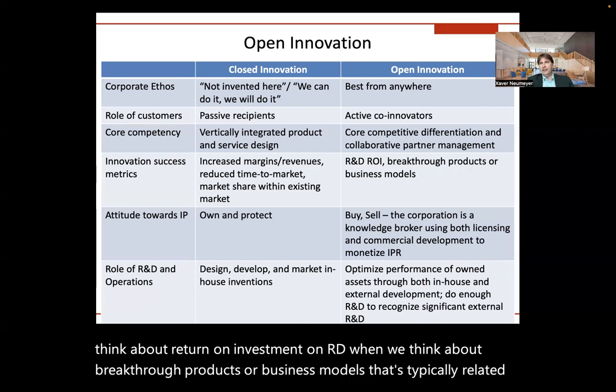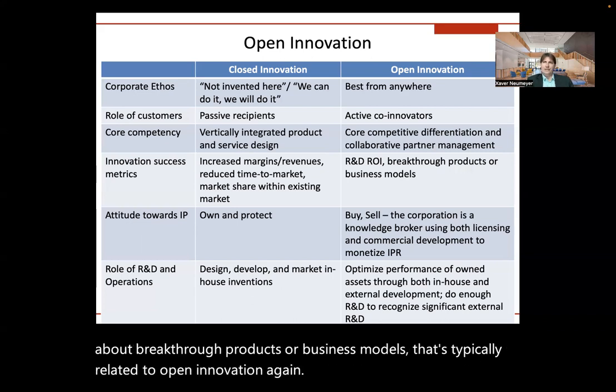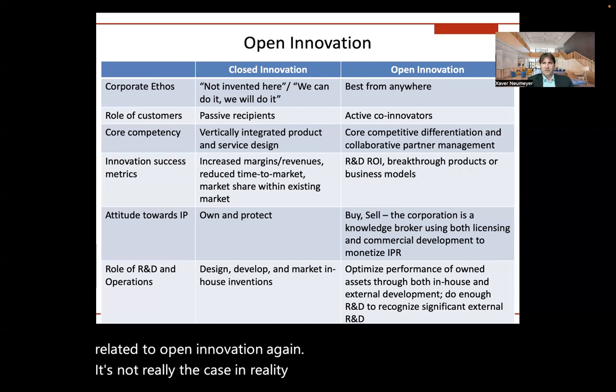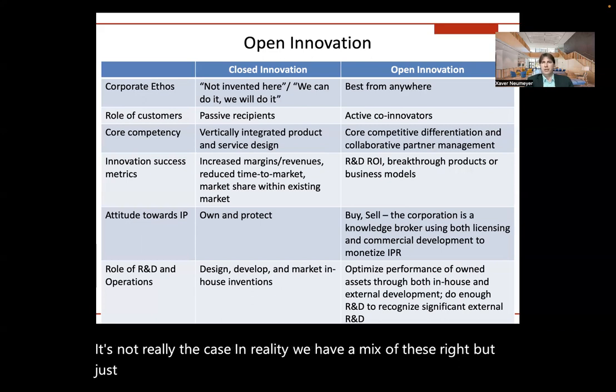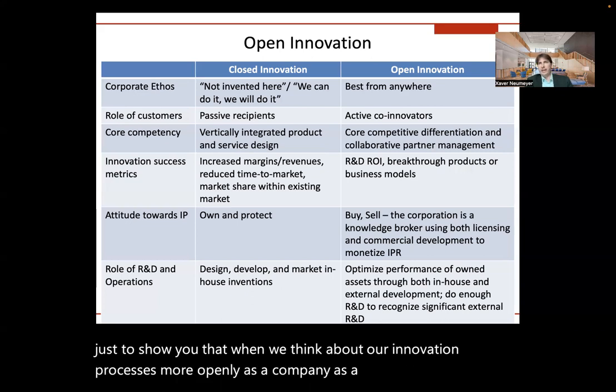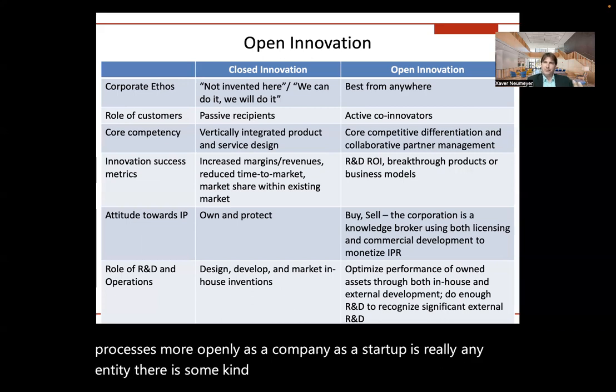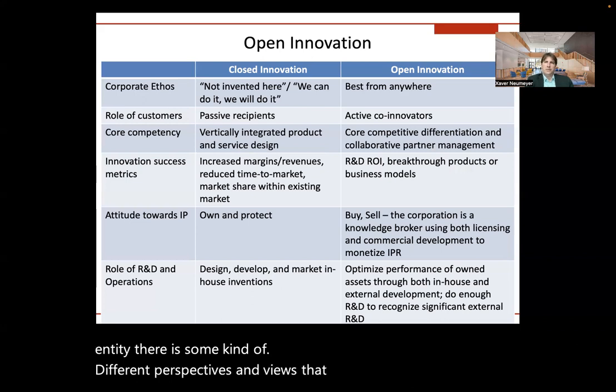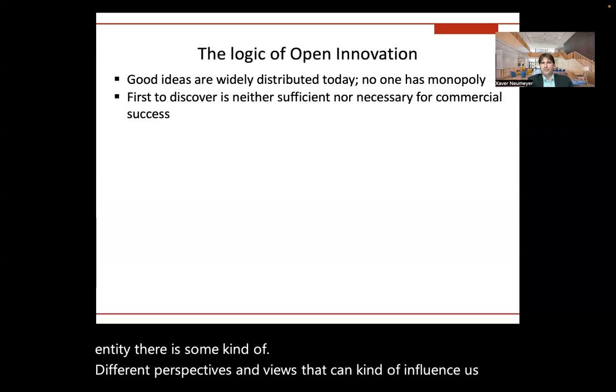Again, it's not really the case. In reality, we have a mix of these, right? But just to show you that when we think about our innovation processes more openly, as a company, as a startup, as really any entity, there are different perspectives and views that can influence us in either direction.